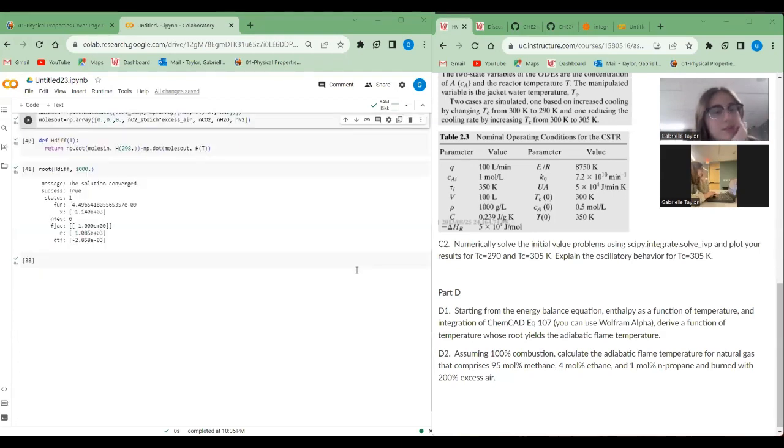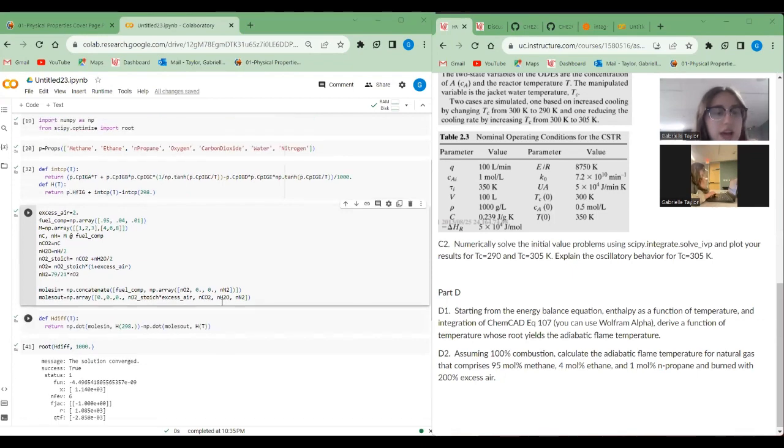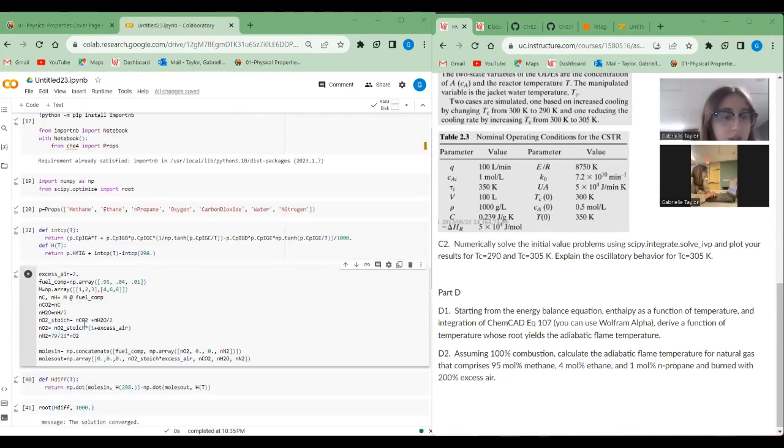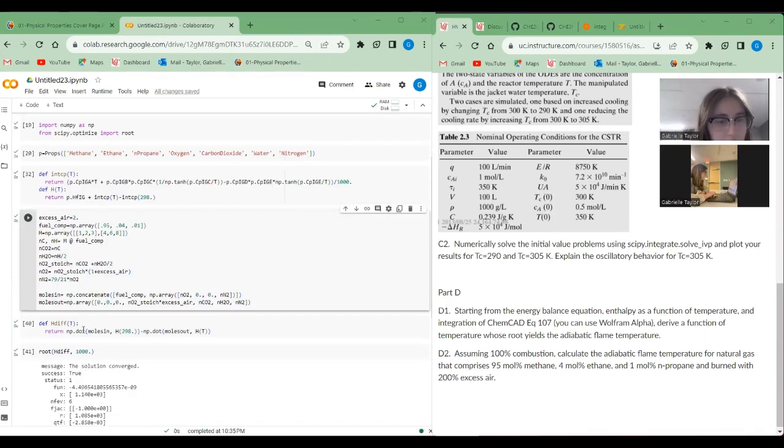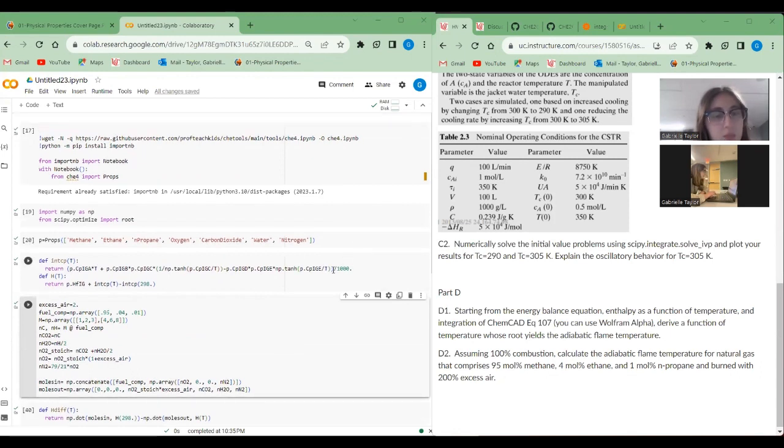Okay, so if we look over here, we wanted to do 1 plus the excess air, so just 1 plus the excess air, and then over here, we're going to do the oxygen of the stoichiometry times the excess air. Over here we want to divide by 1,000 because it's giving us CP in kilomoles, and we're going to convert this back into moles.